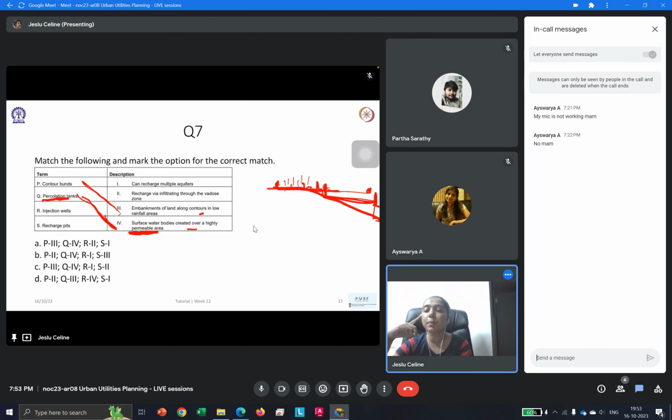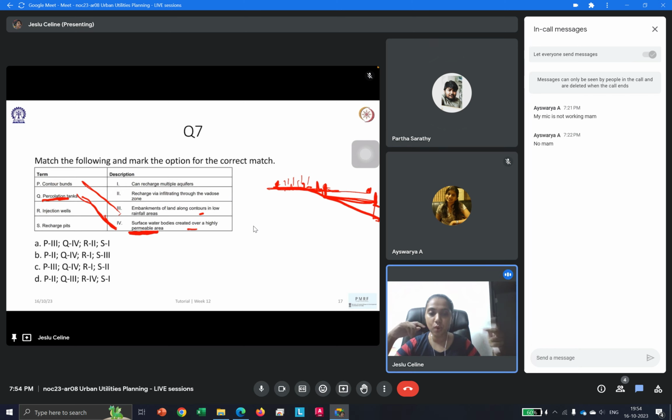Can a recharge pit recharge multiple aquifers? We have two options left.